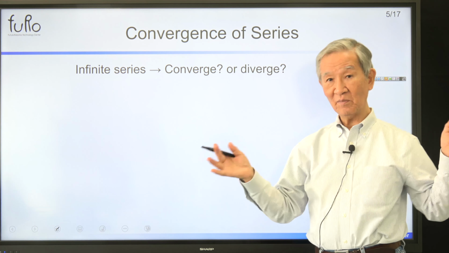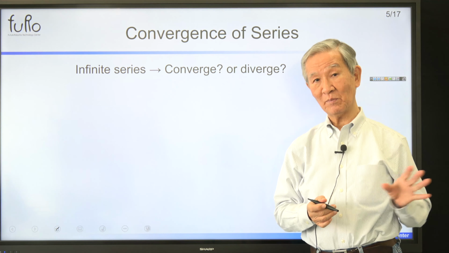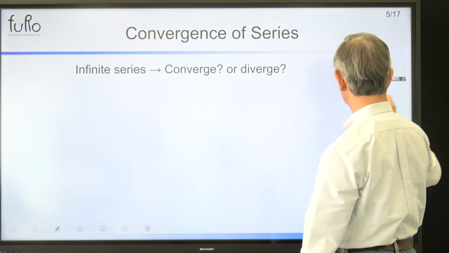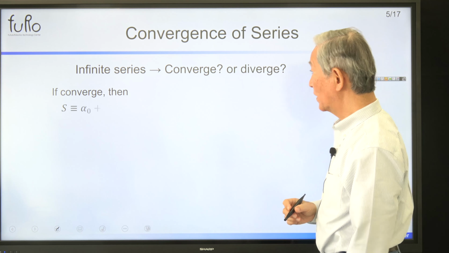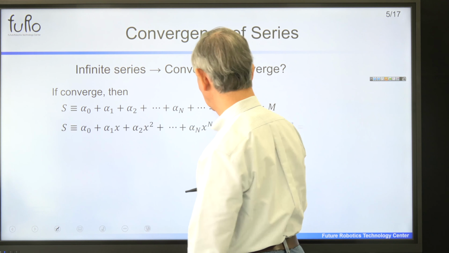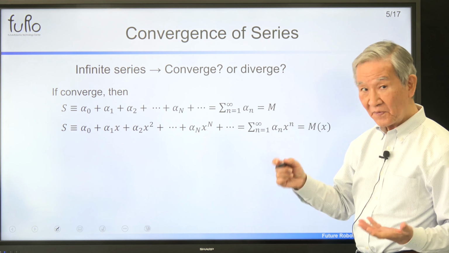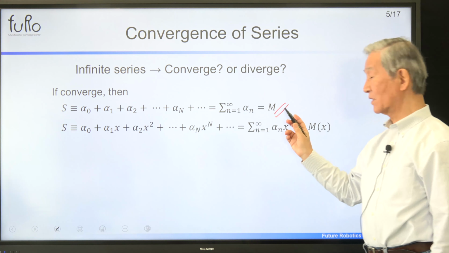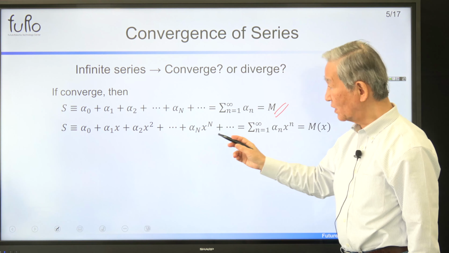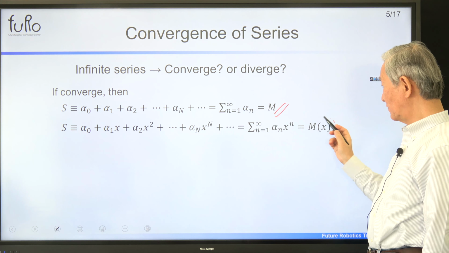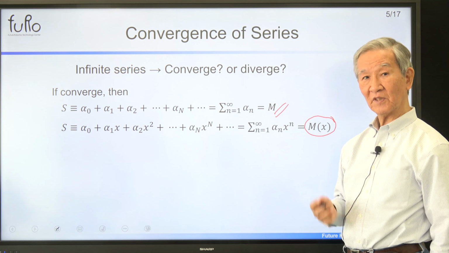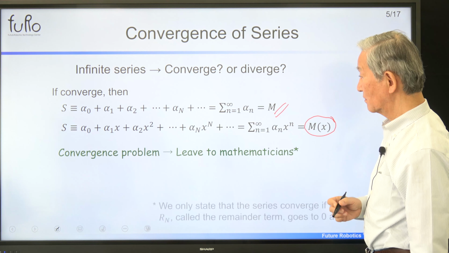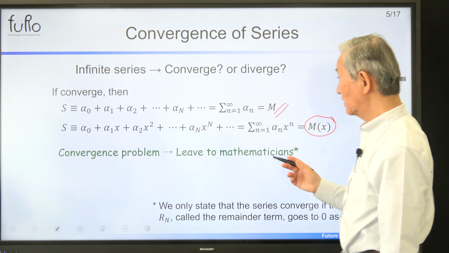Add them together, many of them, so the sum may go up to infinity or go down to minus infinity. That's divergence. So we have to look at that. If it converges, then this entire sum becomes a number, and the power series becomes some function of x. Okay? So the convergence is important.